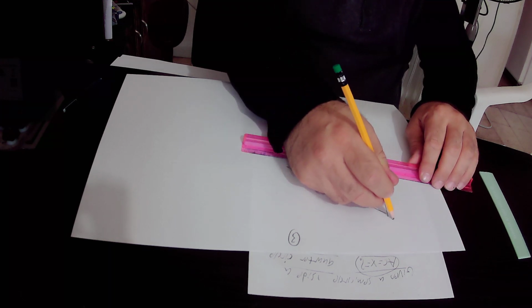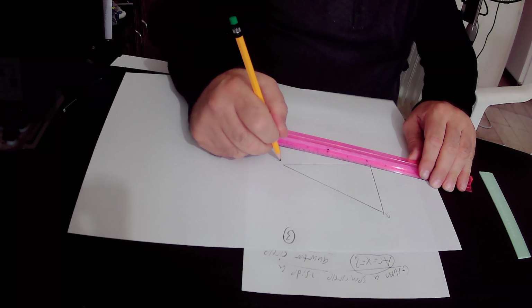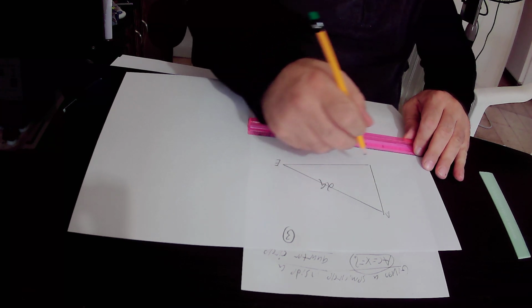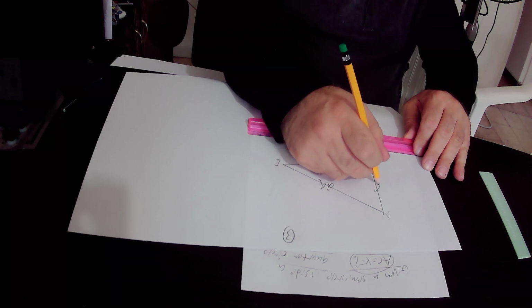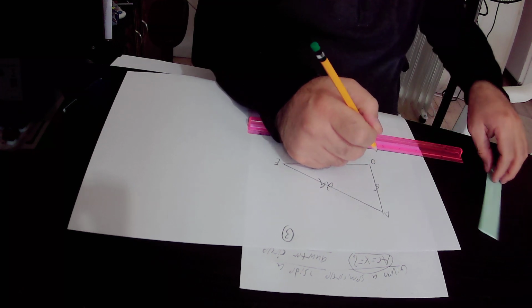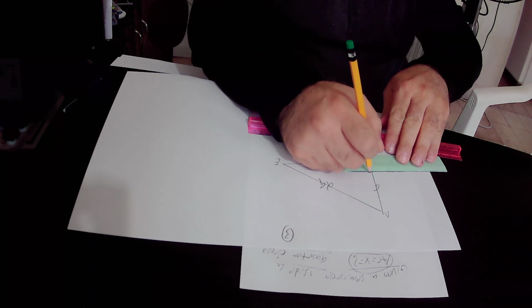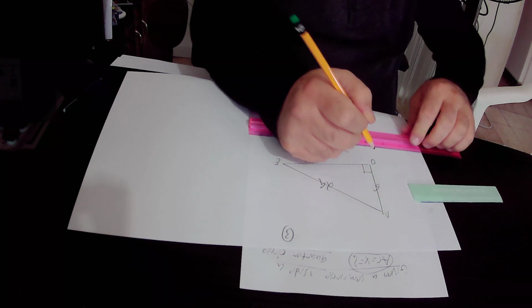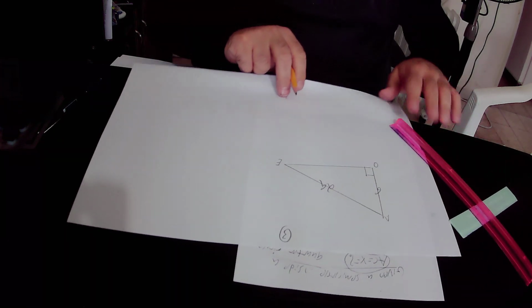We have already found out that AE equals 2a, AO equals 6, so what is the length of OE?